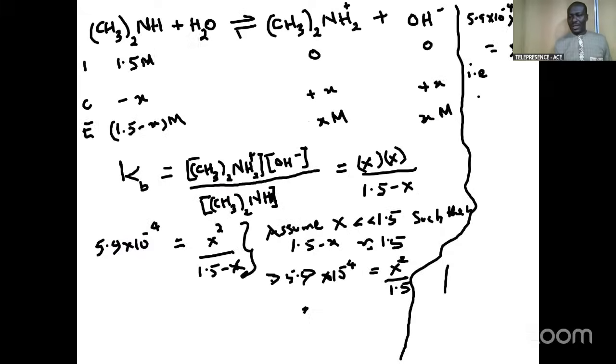Okay, so x is simply equals to 0.0297 molar. Now, before we continue, we want to first justify that our assumption is correct. Otherwise, we have to solve quadratically. And how to do that is to find out what the percentage dissociation is. All right, so that's the next thing we're going to do now.